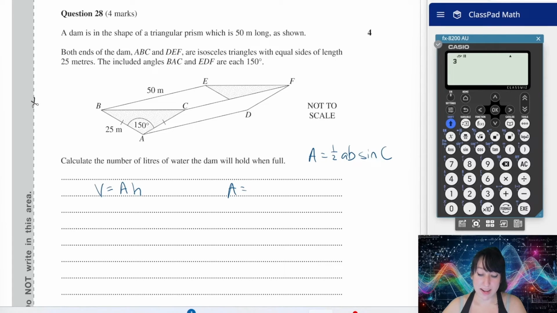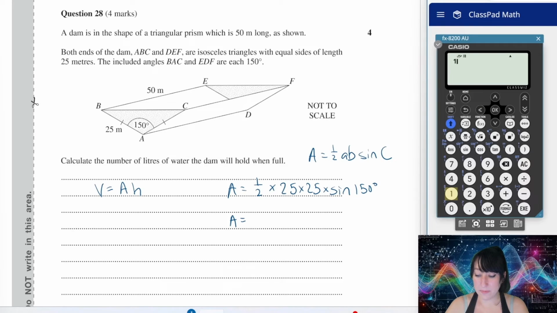So here our area will be 1/2 times a times b. Those are the 2 sides that form the angle we're going to use. Now this is an isosceles triangle and they're both 25. And then times sine of angle C, the included angle, that is the 150 degrees.